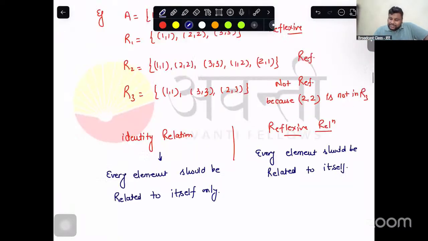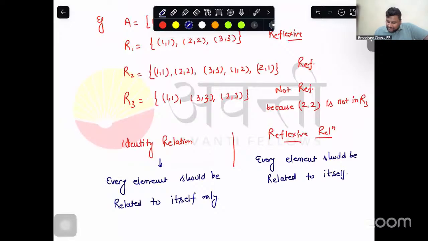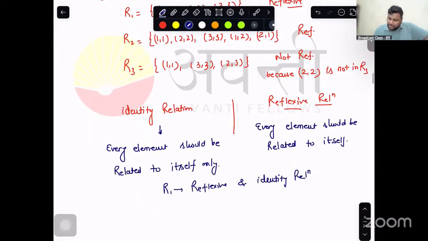So if I see the above relations, R1 is reflexive as well as identity relation. But R2 is only reflexive, not identity relation.